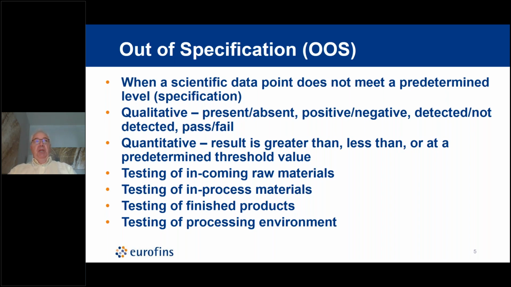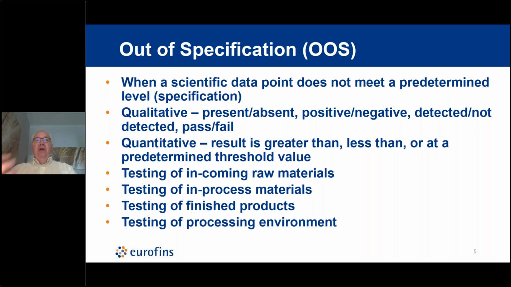So it could be a pathogen result, for example, or an indicator result. You can have detected, not detected, pass, fail, etc. You can also generate quantitative data, and if the result is greater than, less than, or at a predetermined threshold value, it can be in spec or out of spec.